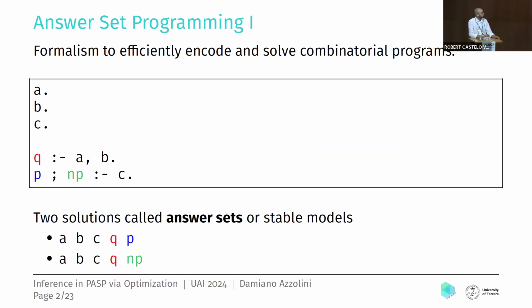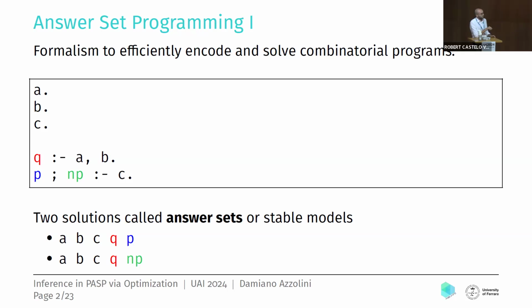An answer set program, and especially answer set programming, is a powerful formalism to encode combinatorial problems. In this box, you can see an example of an answer set program. In the first 3 lines, you have facts, which represent what is known to be true. So we know that in this domain, A is true, B is true, and C is true as well. Then in the last 2 lines, you have rules.